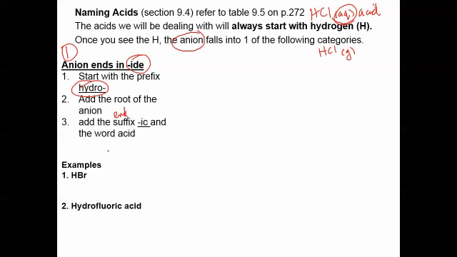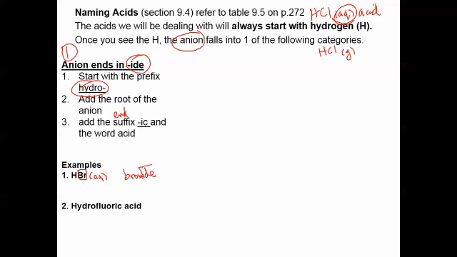So let me show you an example so this might make more sense. I have a compound in front of me. It starts with an H. Technically speaking, it should have a little (aq) there to know it's an acid. So this is an acid. Once I know it's an acid, I look at just the anion, because they all start with H. That's what I want to find out. If I look on my anion sheet, remember, this is called bromide.